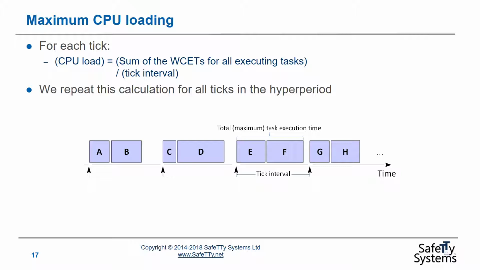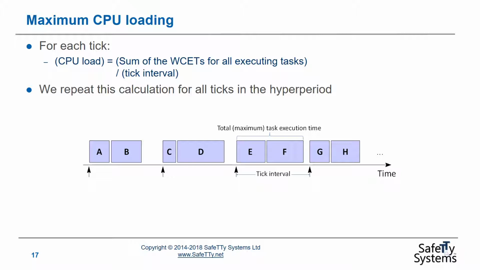So here, for example, let's assume this tick interval is 10 milliseconds. So we have periodic ticks generated every 10 milliseconds on this processor, we assume. And we're running these particular tasks in the tick interval. Let's assume this represents the whole hyperperiod before the task sequence begins to repeat again.